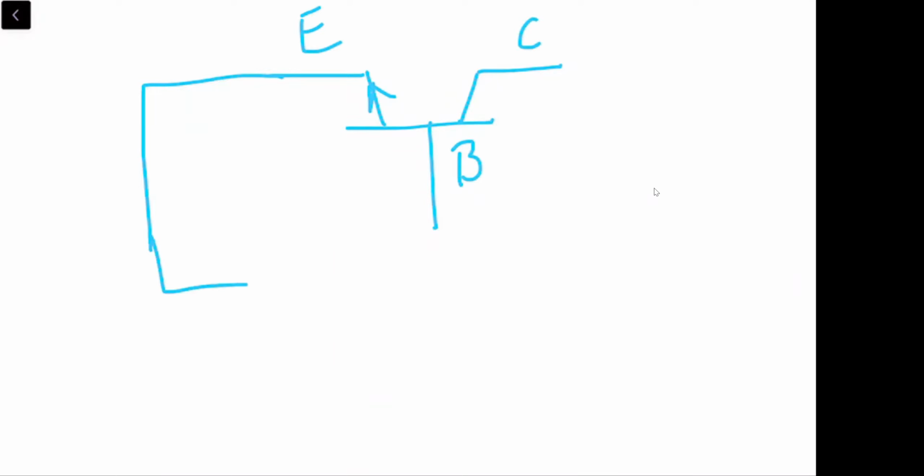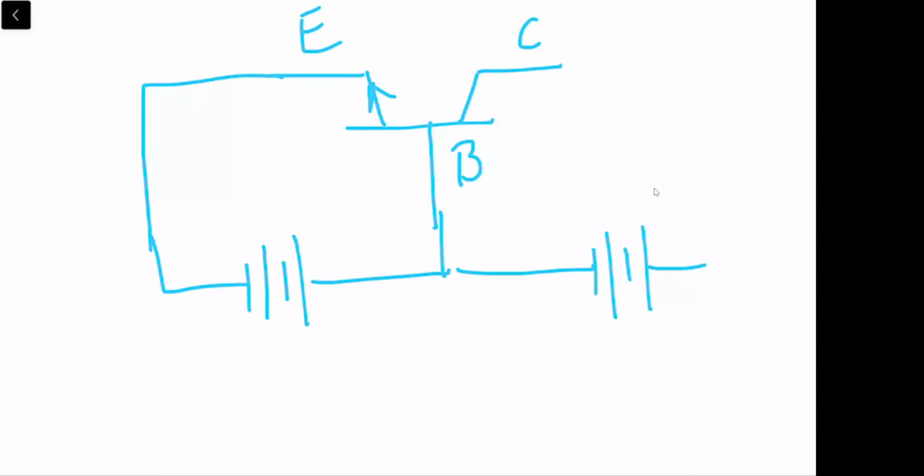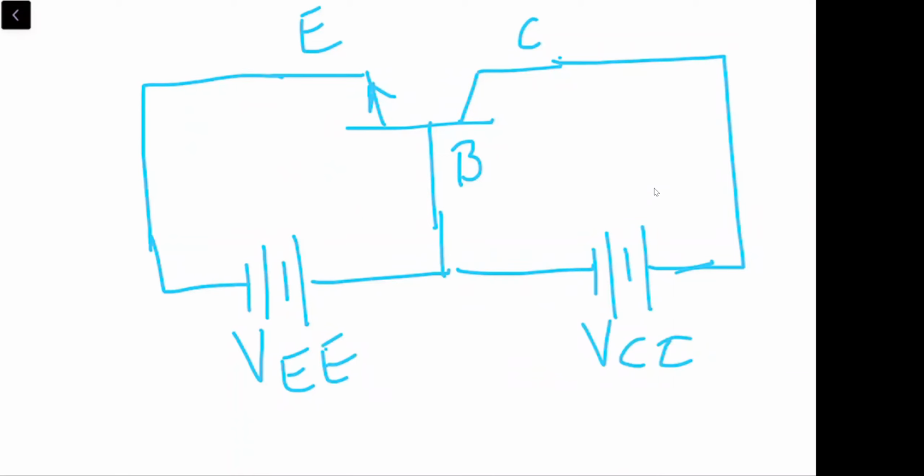And then we are applying the forward biasing to the emitter-base junction, and the reverse biasing to the collector-base junction. So we have got this VEE and we have got the VCC. Are you with me?